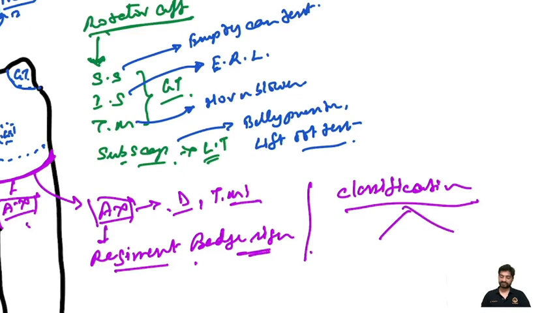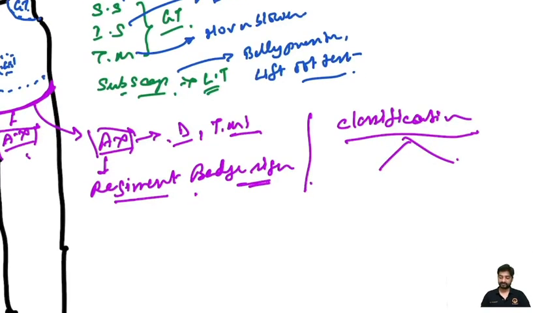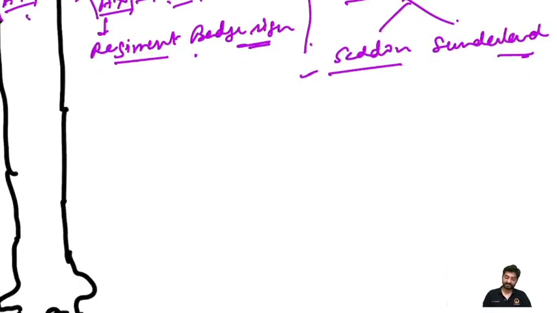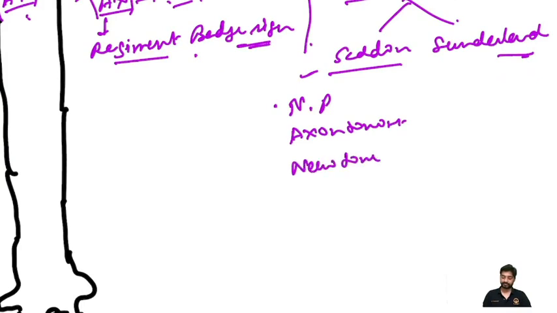So two classifications are given, one is Seddon and one is Sunderland. Most important is your Seddon classification, where it's classified as neuropraxia, second one is axonotmesis, and third is neurotmesis. What do you mean by that?